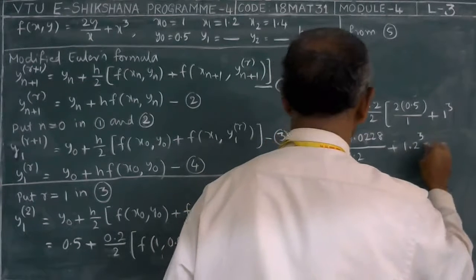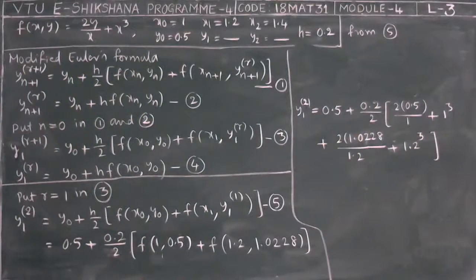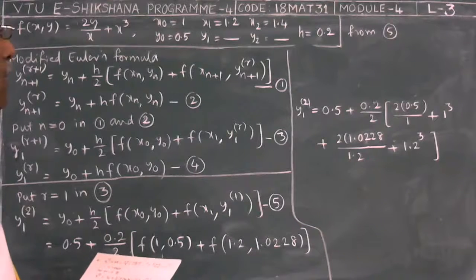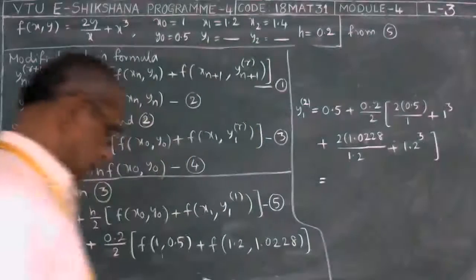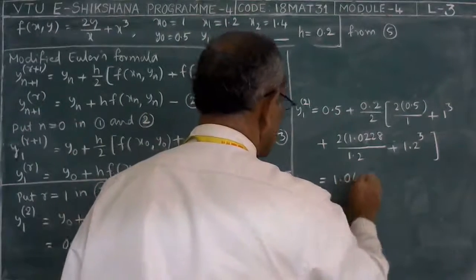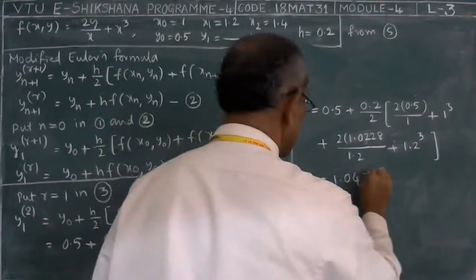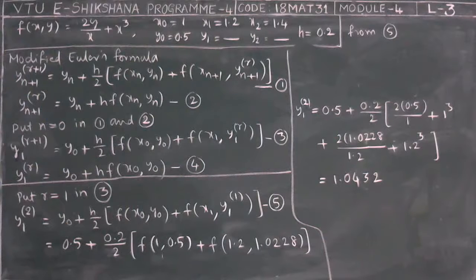Close it. When you carefully calculate using a calculator, you get 1.0432. This is the second iteration.